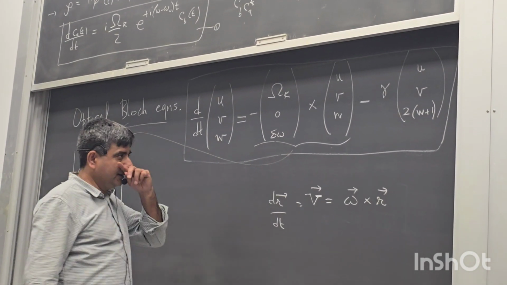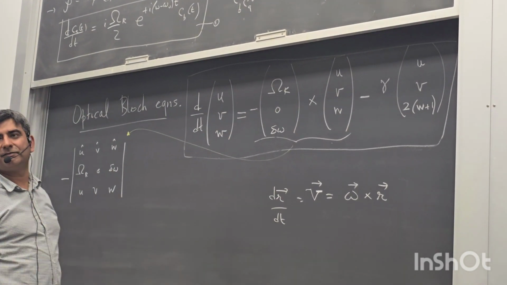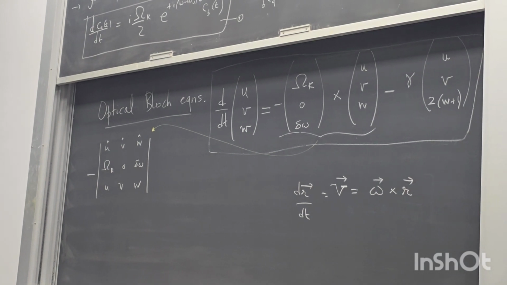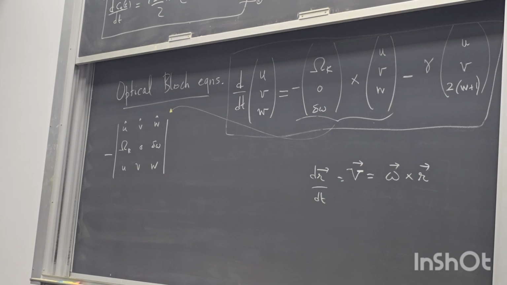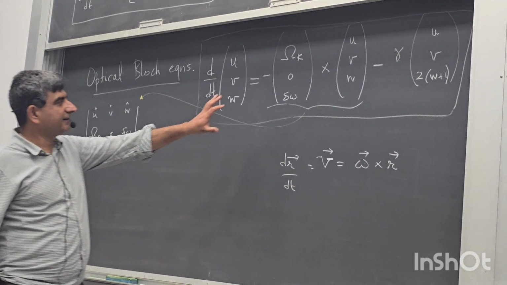Correct? So this equation is exactly similar to this. This vector here represents the angular velocity with which the density operator, the state, is evolving over the Bloch sphere.